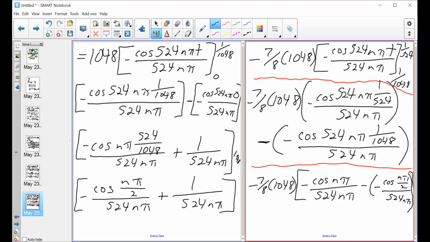So that's why I separate that. And then there's the big bracket to hold everything. So this is the result of this stuff here. Cosine 524 n pi over 1 over 524, which is just 1. And so you're just left with the cosine n pi. 524 over 524 is 1. Cosine n pi over 524 minus cosine 524 n pi, 1 over 1048, n pi over 2 over 524 n pi.